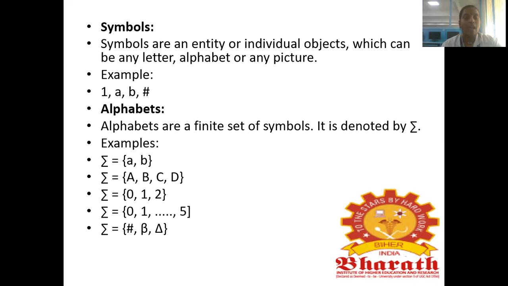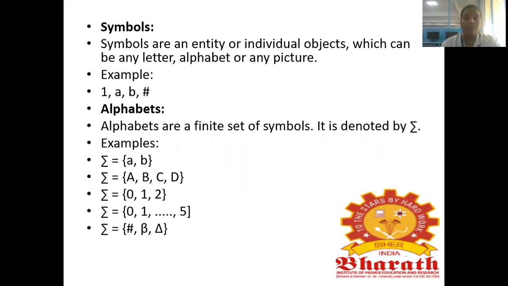Next one is the alphabet. So what are alphabets? Alphabets are a finite set of symbols or a finite set of characters. The alphabet is denoted by sigma. It is a finite set of symbols, and it is the standard symbol for finite automata machines.